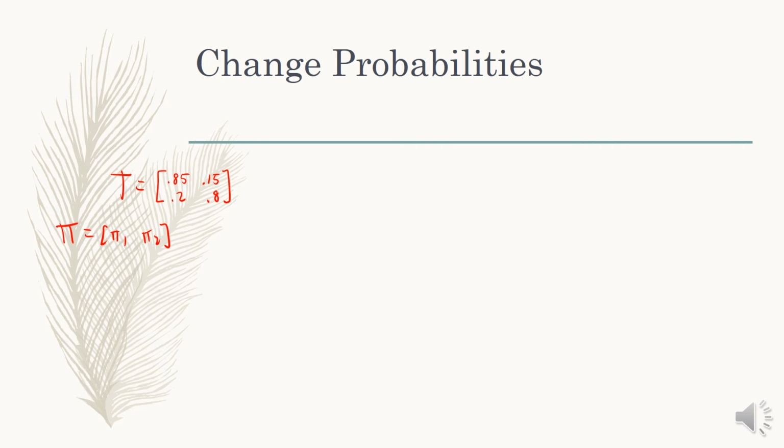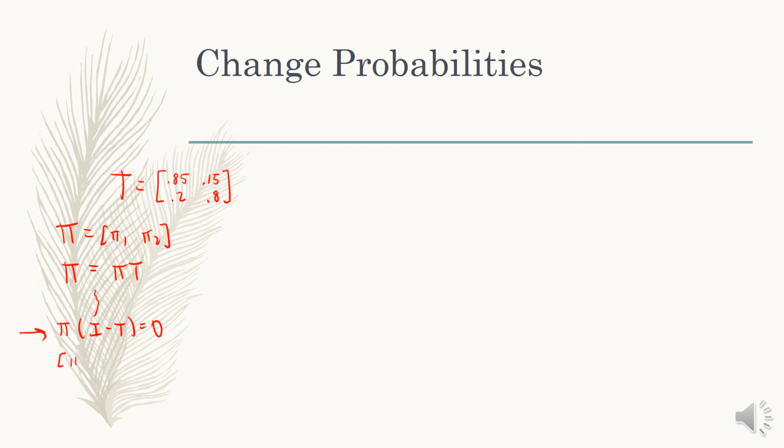So the way I'm going to do that is, again, we're solving the equation pi equals pi times t, and we did a bunch of steps, and we eventually got this down to pi times I minus t equals 0. So if I were you, I would start at that, because it's going to be the same every time. So pi times I minus t equals 0.